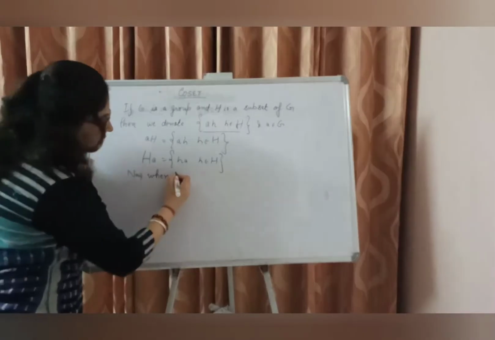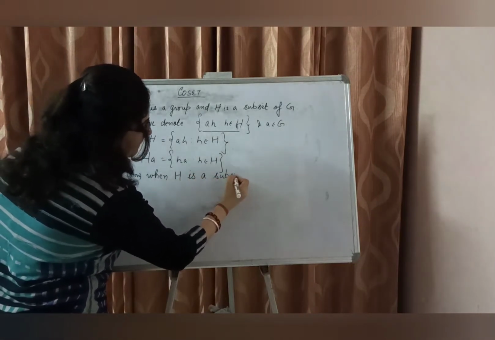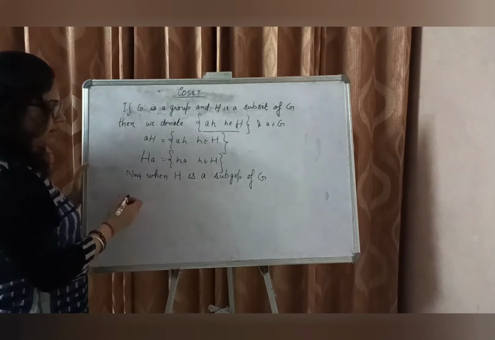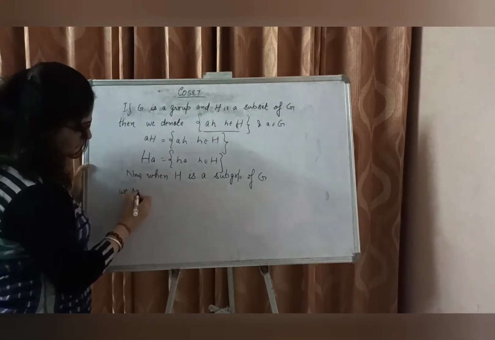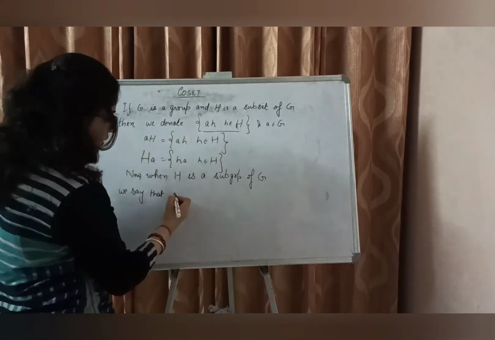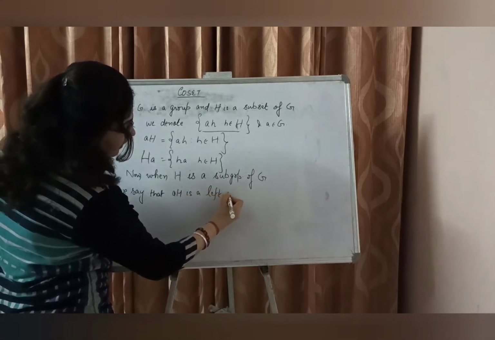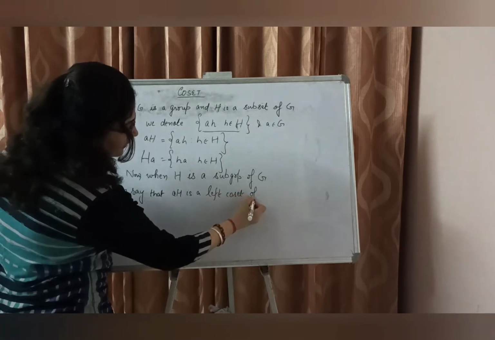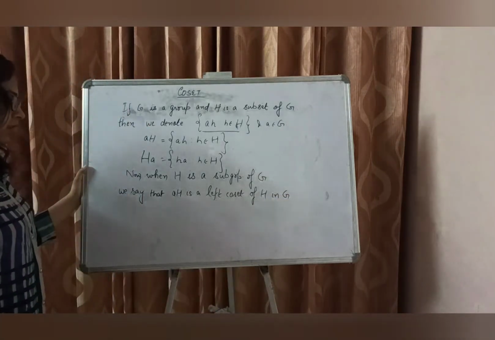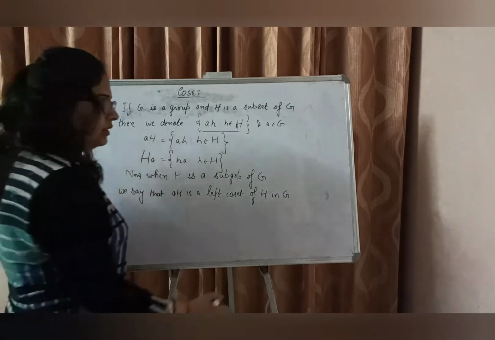Now, when H is a subgroup of G, we say that aH is a left coset of H in G. We say that aH is a left coset of H in G containing a.